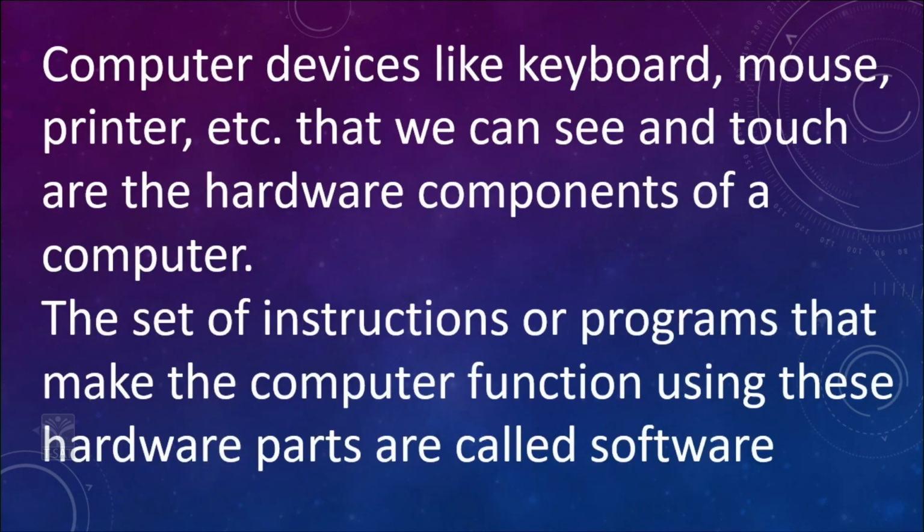Computer devices like the keyboard, mouse, printer, and even the monitor, that we can see and touch, are the hardware components. The components of a computer are simply called hardware. The set of instructions or programs that make the computer function using these hardware parts are called software.